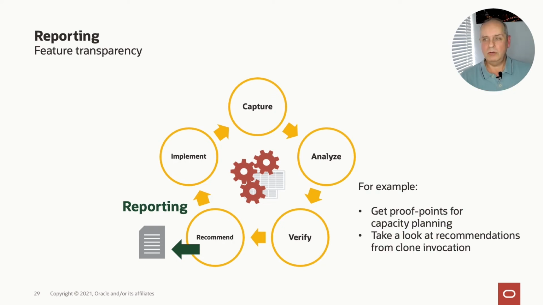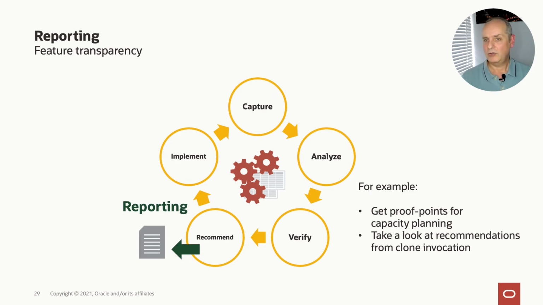Essentially, the engine in the middle is always recording what happens, so there is transparency there. It does report everything it does, and that is held inside the data dictionary. The good part of that is that you can generate the report anytime. So later down the line, you can look at the reports and see what happened when, if you want to.